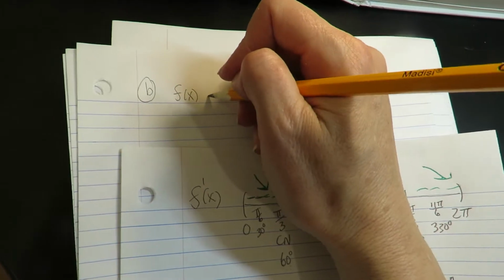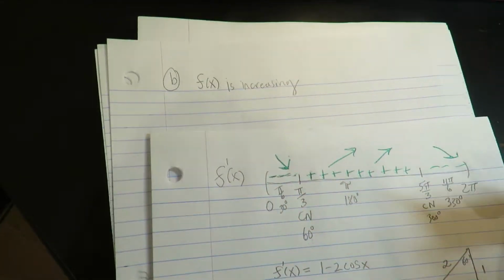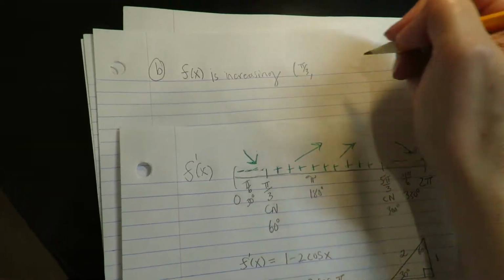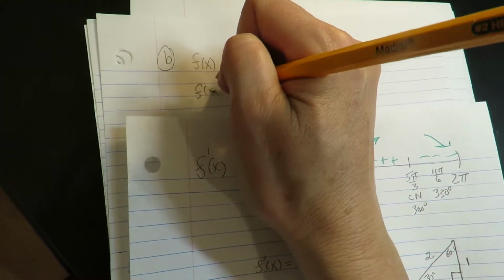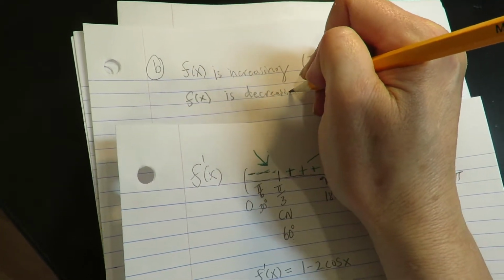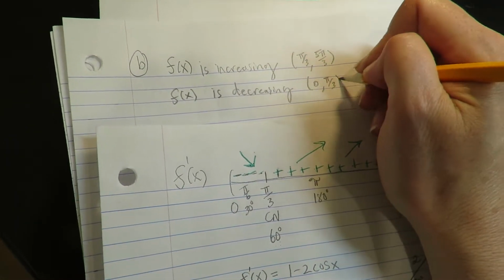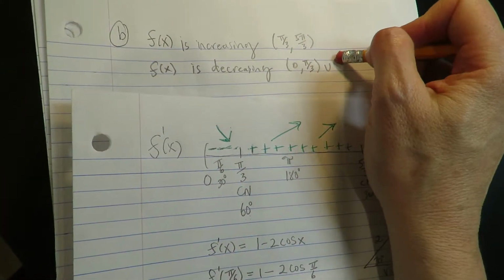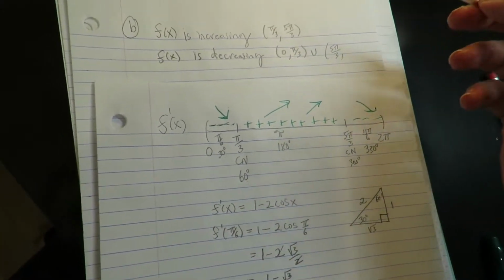Okay, so let's say f of x is increasing. This tells me that the function itself is increasing from pi over 3 to 5 pi over 3, and that the function is decreasing from 0 to pi over 3 and 5 pi over 3 to 2 pi.